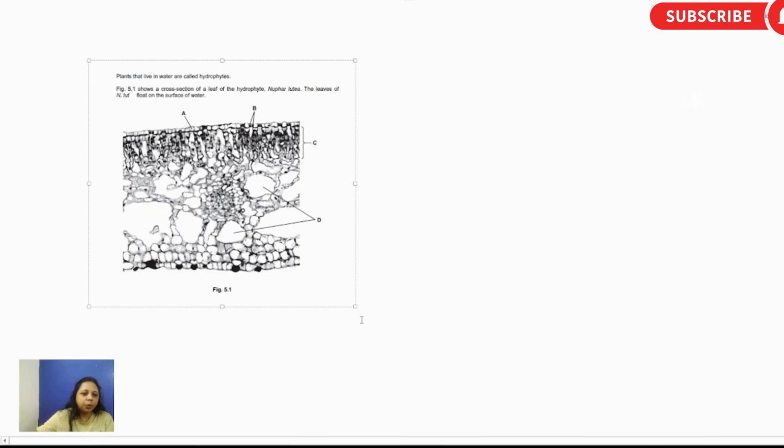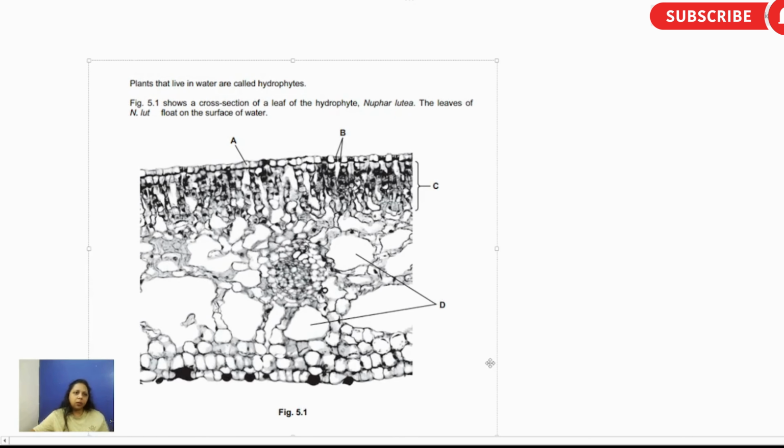So that's another question. Here we have plants that live in water, called hydrophytes, and they have very large air spaces. Why do you think so?